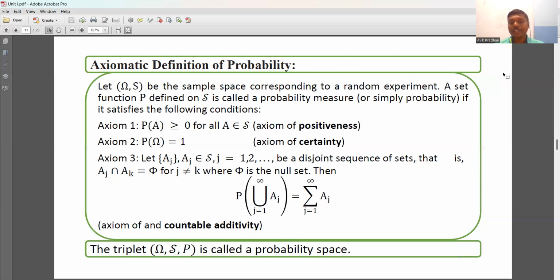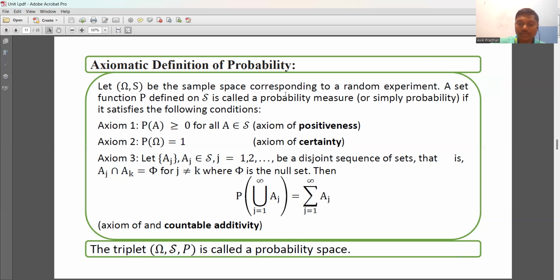The third axiom says that if I have a countably infinite number of events of the experiment which are mutually exclusive or disjoint, then the probability of the countable union of those events is equal to the summation of the probabilities of those individual events.